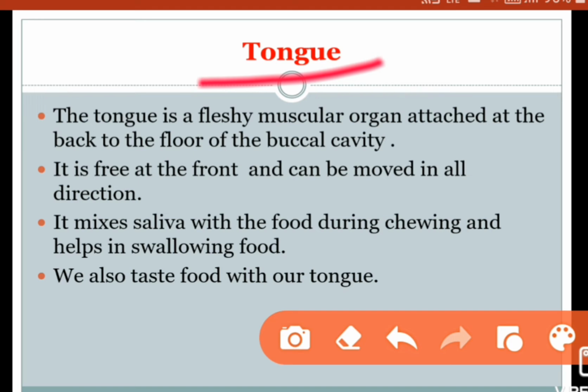In addition, the tongue contains many cells of the body's defense system and even plays a major role in body language. Besides, it mixes saliva with the food during chewing and helps in swallowing food. We also taste food with our tongue. It has taste buds and detects different tastes of food.